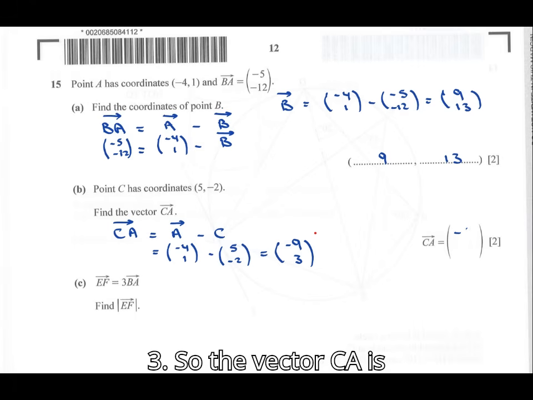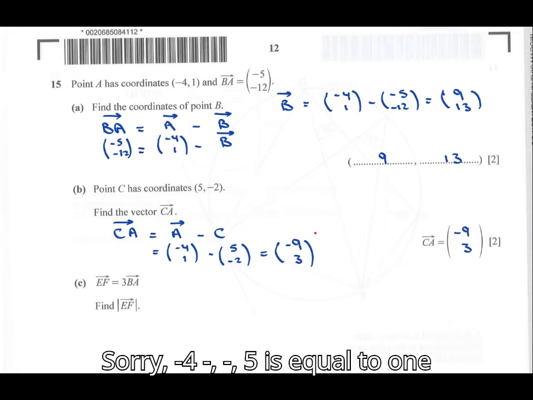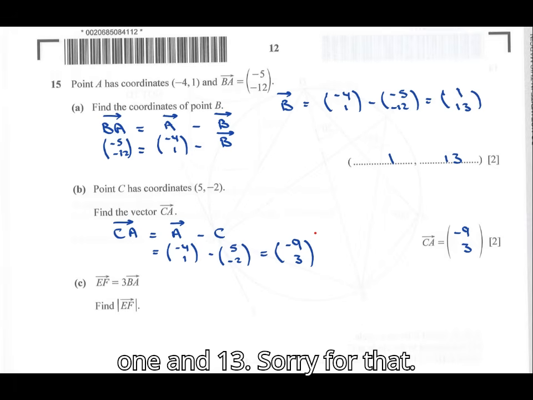So the vector CA is equal to (-9, 3). Sorry, the point B is (1, 13), not (9, 13). Sorry for that.